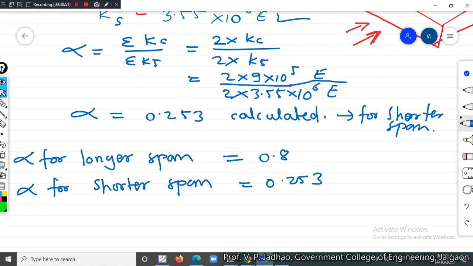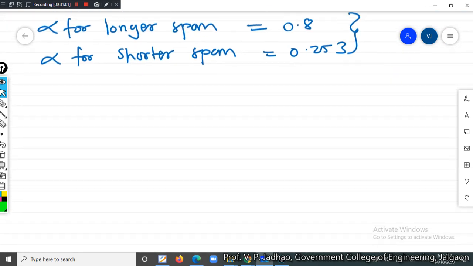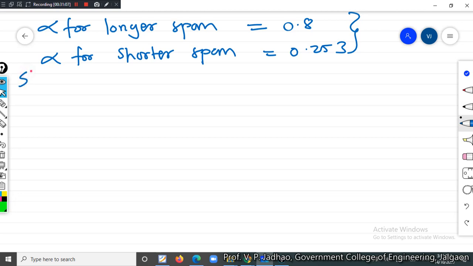Okay, we have calculated these two values of alpha. Now step number 4. For what purpose we are using these values of alpha, I'll explain in the next step.